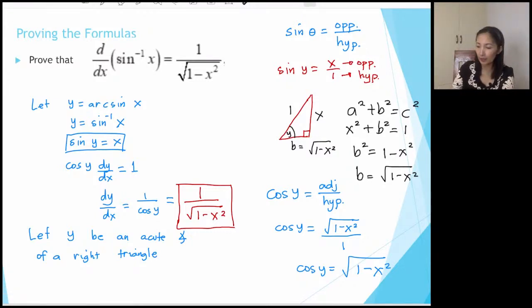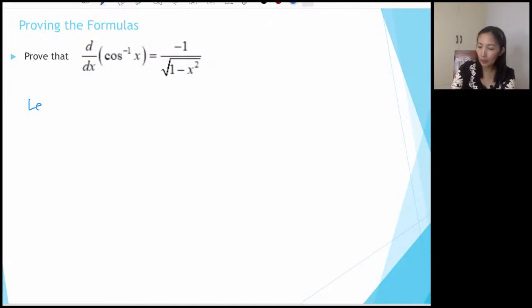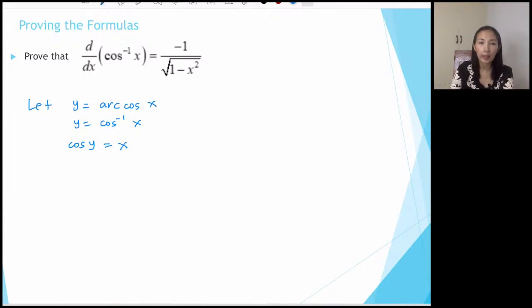How about the second? For arc cosine, let y be equal to arc cosine of x, which means that cosine y is equal to x. Again, apply implicit differentiation.